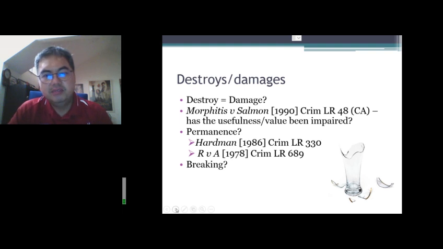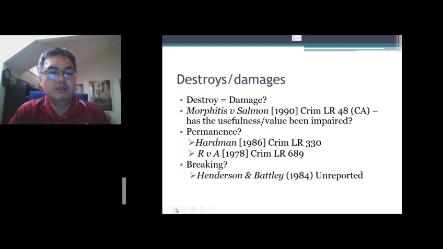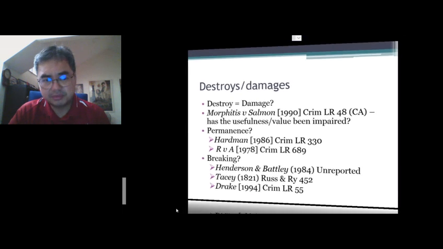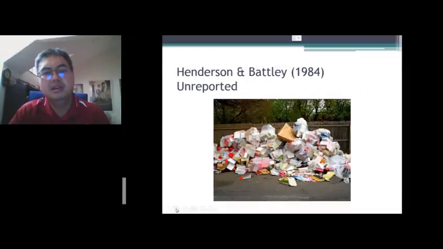Now, damaging something doesn't necessarily mean that it has got to be broken. We're going to look at three cases: Henderson and Bentley, the case of Tacey, and the case of Drake. In the case of Henderson and Bentley, it was held that just putting rubbish onto a place can be considered damaging it because the usefulness or the value of it has been impaired.